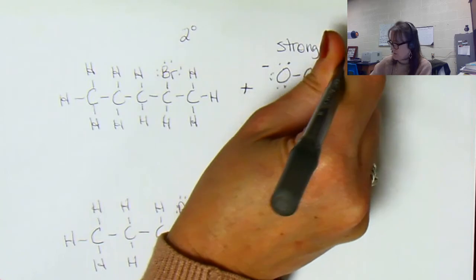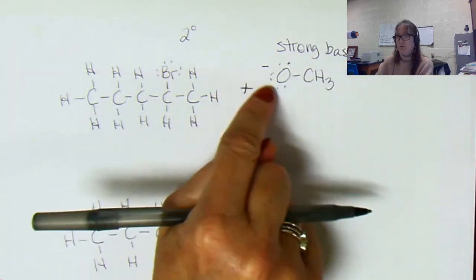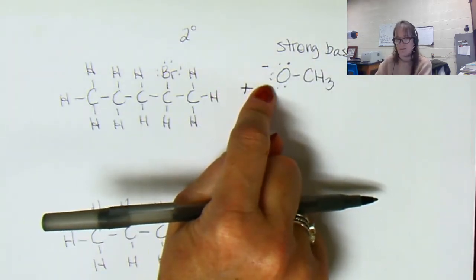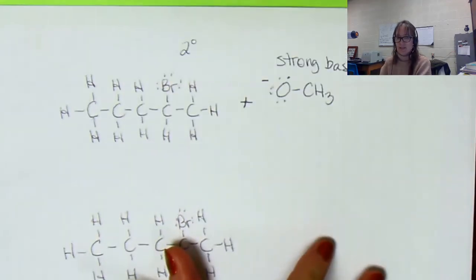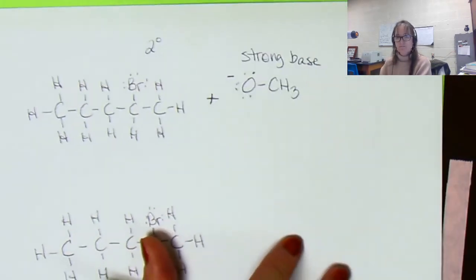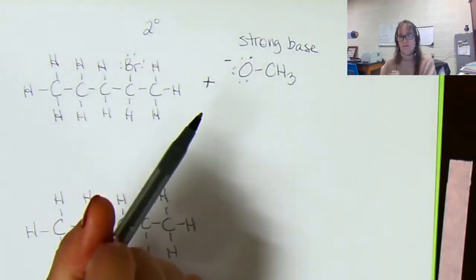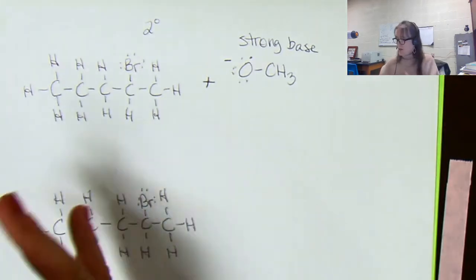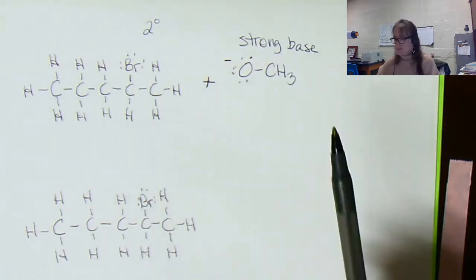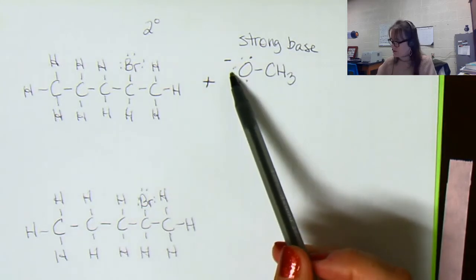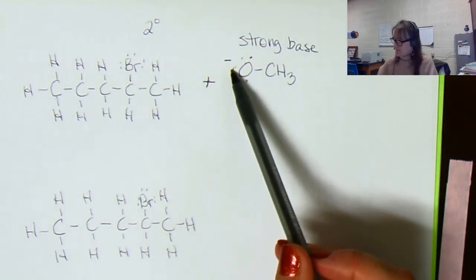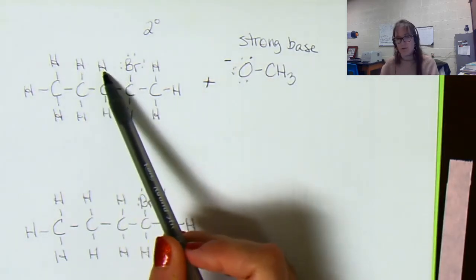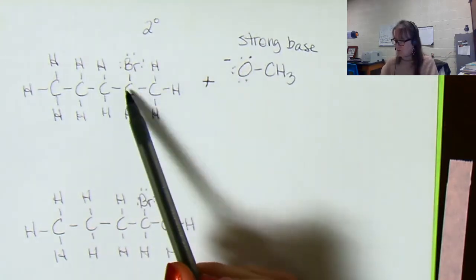If you have an alcohol and you remove the hydrogen and it becomes an anion, it is a strong base. It's actually stronger than hydroxide. So it is a strong base. So the product will depend on whether this oxygen is more likely to attack a neighboring atom's hydrogen, or can it get to the carbon?